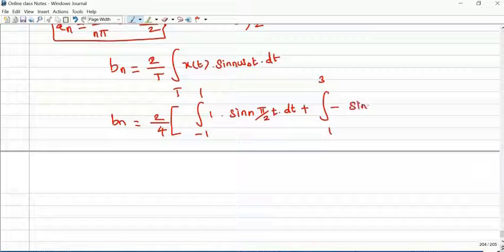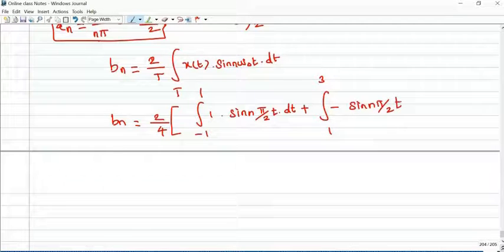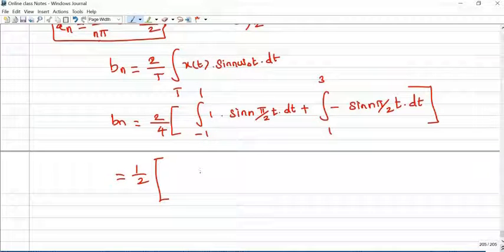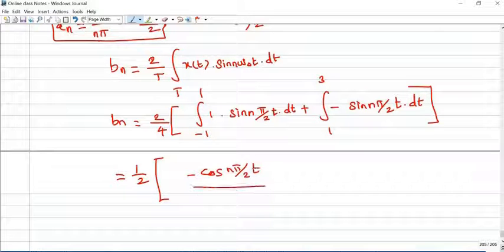So minus sin n pi by 2 t dt. Okay. So do the integration: 1 by 2 sin n pi by 2 t. So minus cos n pi by 2 t divided by n pi by 2.